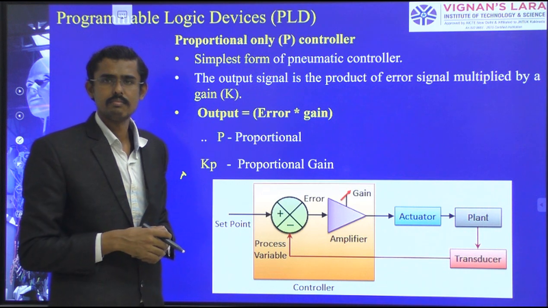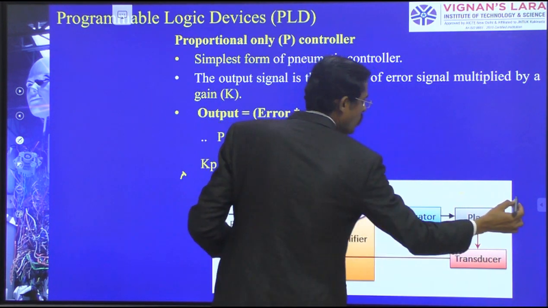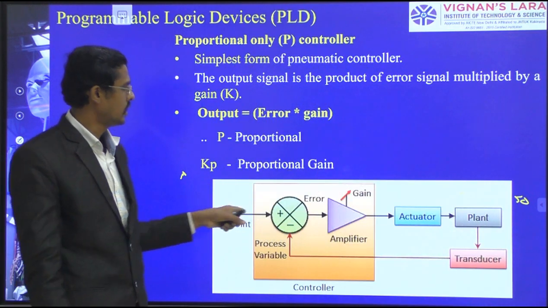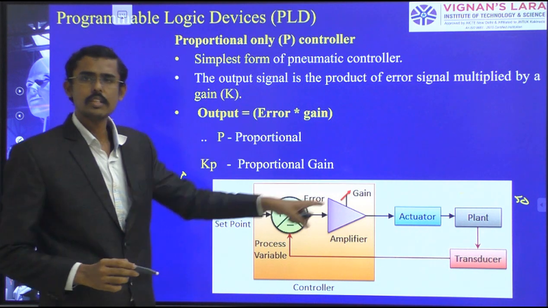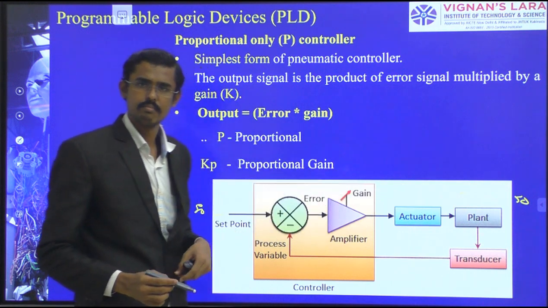Here we need the output to be 50. The set value has been given as 50, but with respect to some disturbances, it is running at 10 rpm.